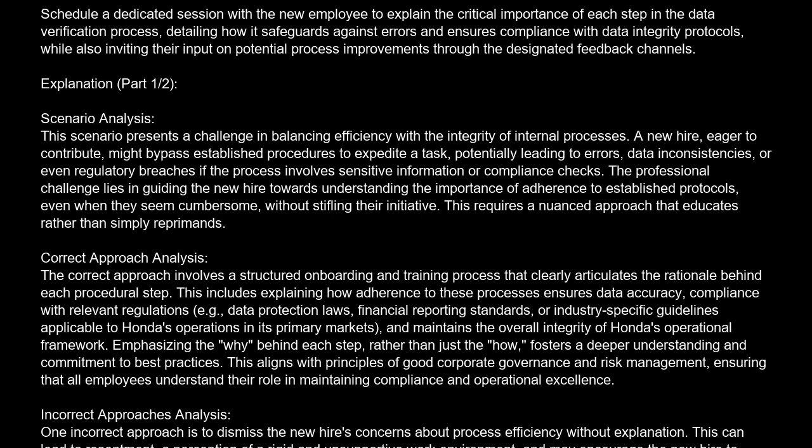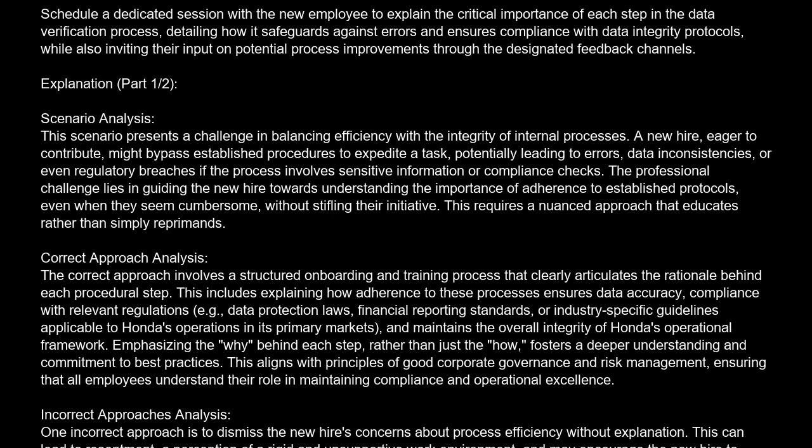Correct approach analysis. The correct approach involves a structured onboarding and training process that clearly articulates the rationale behind each procedural step. This includes explaining how adherence to these processes ensures data accuracy, compliance with relevant regulations, e.g., data protection laws, financial reporting standards, or industry-specific guidelines applicable to Honda's operations in its primary markets, and maintains the overall integrity of Honda's operational framework.